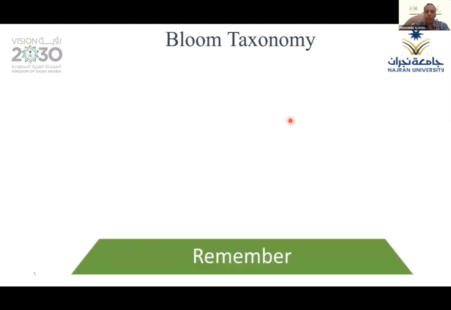Bloom believed that when we start understanding knowledge, we have to remember. For example, if we have a law, a mathematical law or physical law, at the beginning they cannot understand it, they just remember, memorizing. So this is the lowest level of understanding knowledge. The basic one is remember. Alhamdulillah, I remember this law.